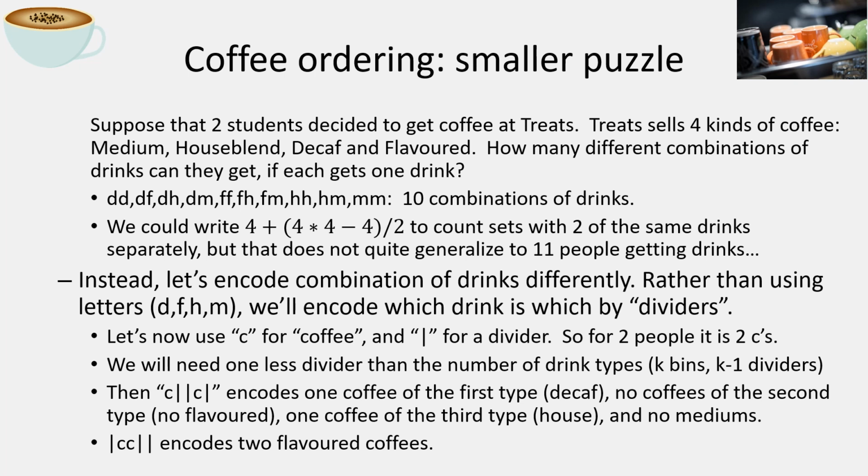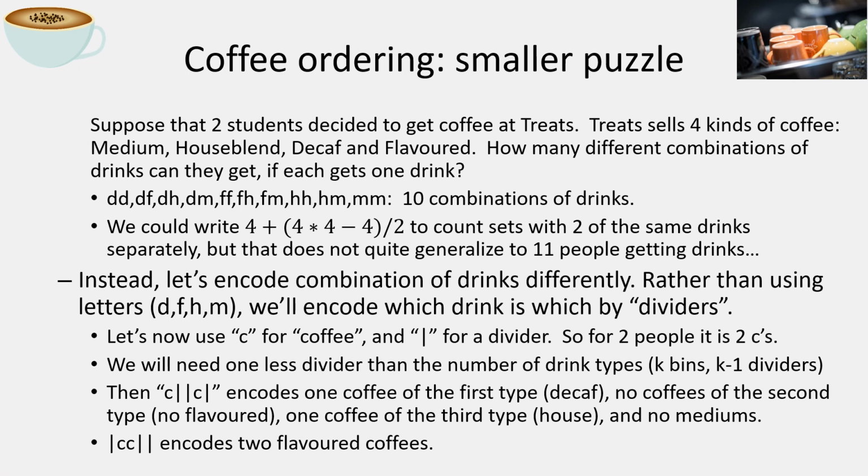So rather than using those 10 strings, decaf decaf, decaf flavor, decaf house, decaf medium, and so on and so forth, let's encode the order like this. I'm only going to use 2 symbols: C for coffee, any of the 4 kinds of coffee, and also a vertical line for divider. So what is the divider I'm talking about?